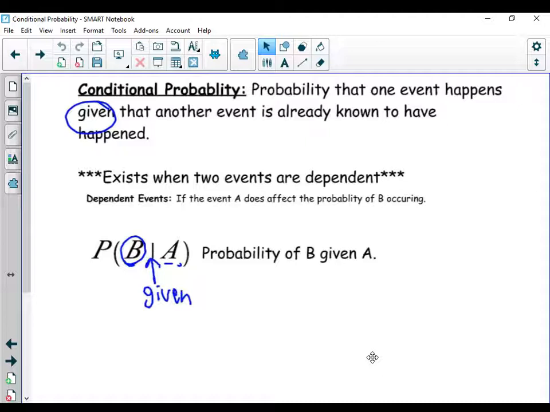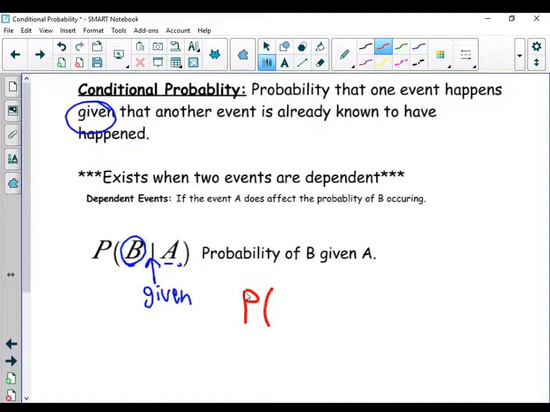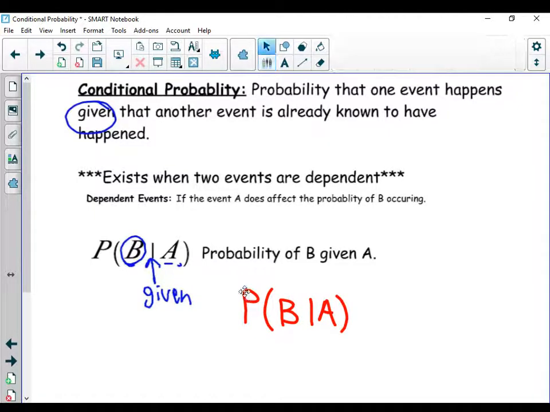And this is how you would say it, the probability of B given A. It looks like a straight line going down. Let me rewrite it again without all the extra drawings. So it's just a straight line.